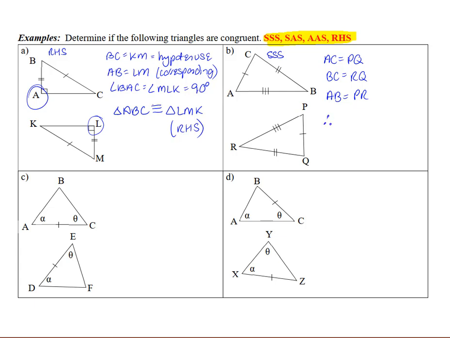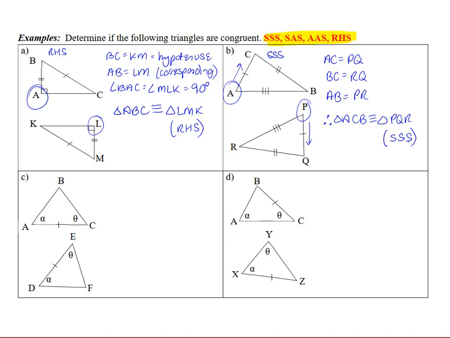Now we have to get them in the same order. I'm going to start at A and I'm going to go up with my single line. So that means I have to start with P and go up that way. So triangle A, it's a really dodgy triangle. Triangle ACB is congruent to triangle PQR, and my reason, side, side, side.